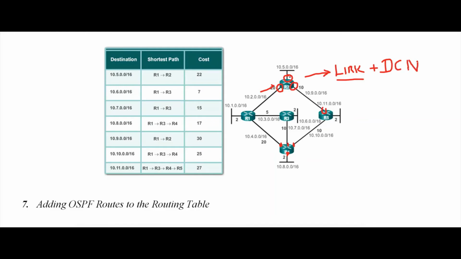This is step number 1. The links are the interfaces, like FastEthernet 0/0, serial 2/0, serial 3/0, with the clock rate. This is going to be the interface or link.